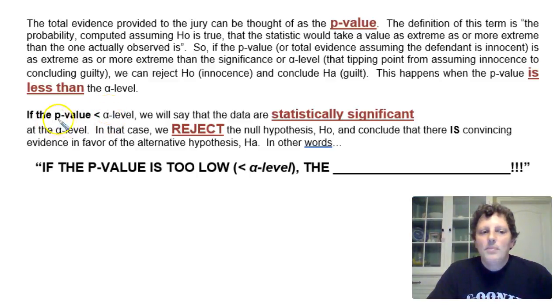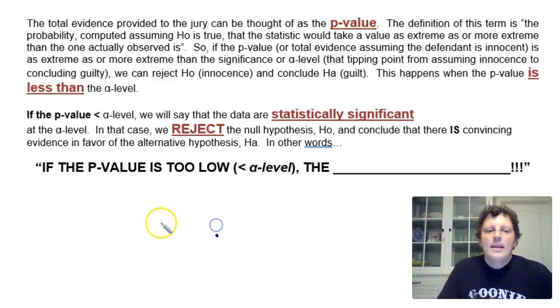Okay, so if the p-value is less than the alpha level, that's when we say that we have data that is statistically significant at that alpha level. And when that happens, we can reject the null hypothesis and conclude that there is convincing evidence in favor of the alternative hypothesis.